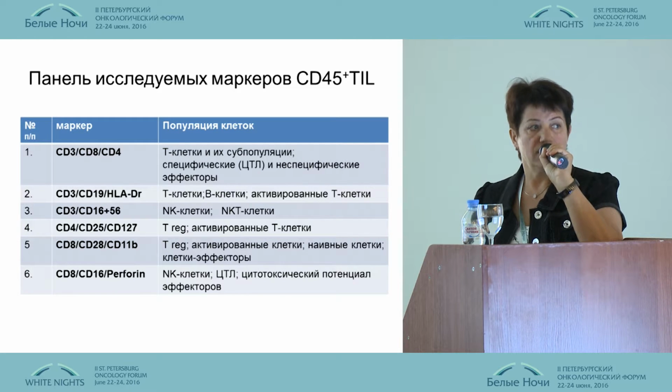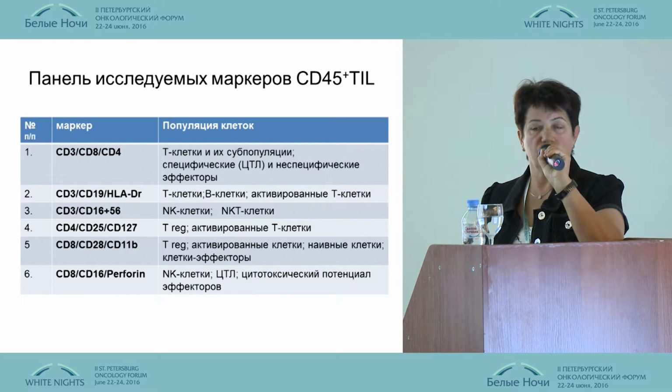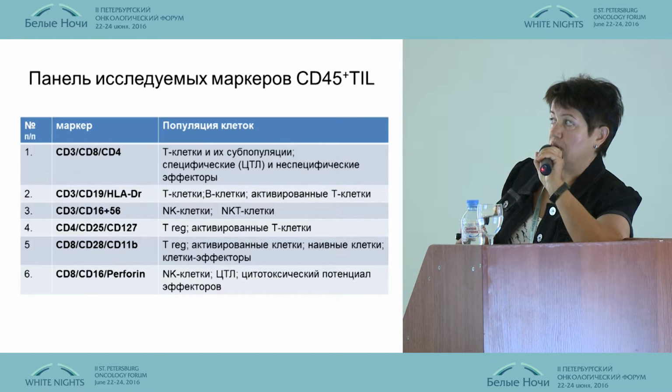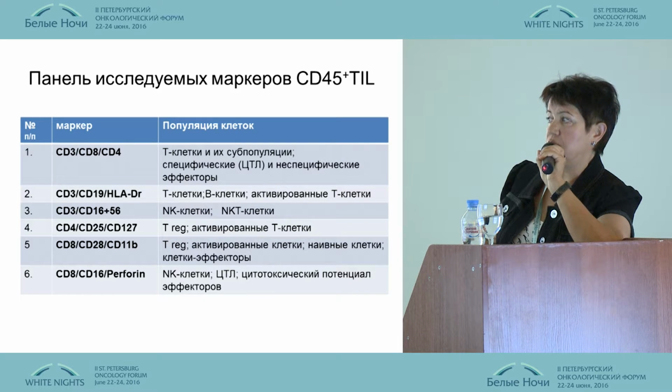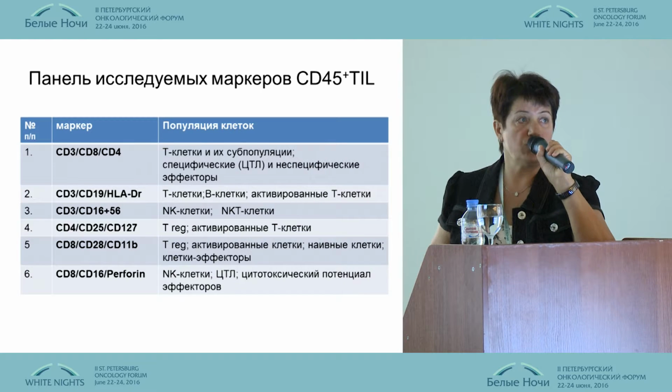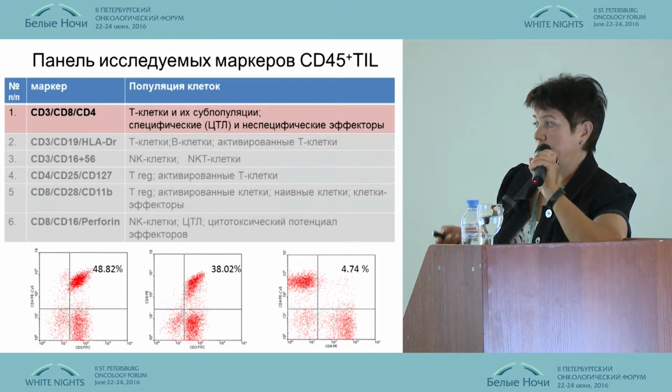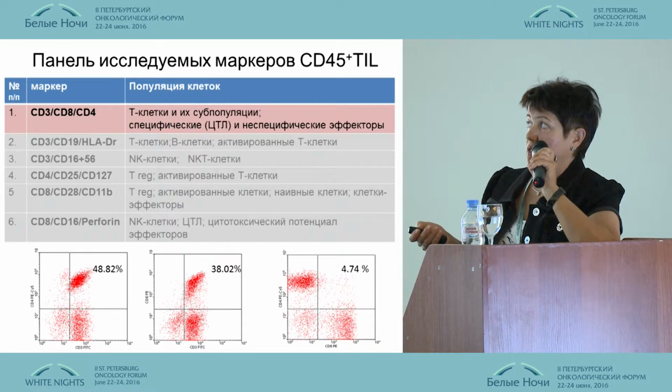So our task was to look at the structure of immunocompetent cells. And therefore, we came up with this panel that allows us to look at T cell population, NK cells, regulatory T cells, and also cytotoxic potential, and the number of effector cells.